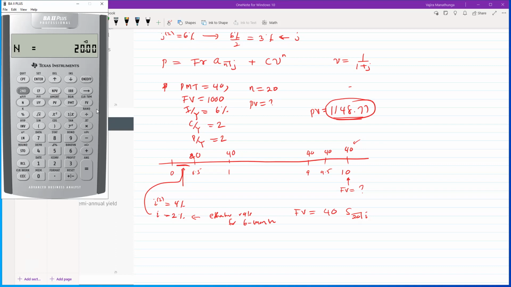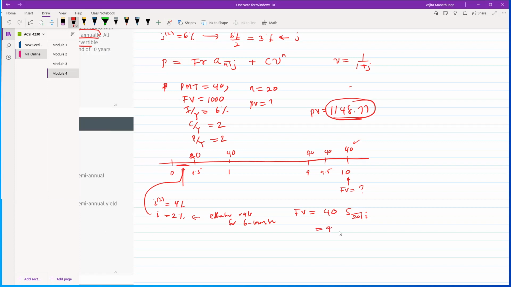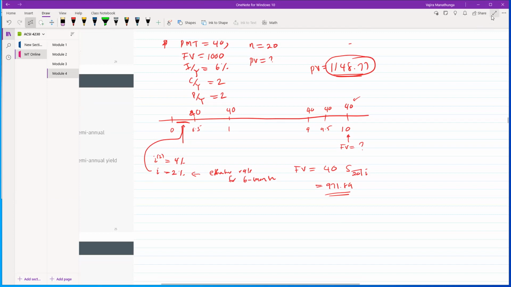Future value is what we want. Present value is 0. And I want to compute the future value. So it's 971. So now let's go back to the problem.